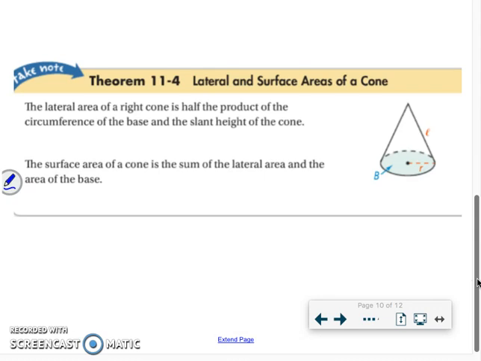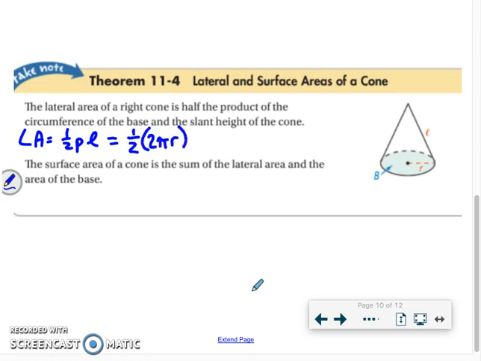So the lateral area, kind of like what we had just talked about with the pyramid, is 1/2 P times the slanted height, except now the perimeter is a circumference since we have a circle. So this time we have our 1/2 PL, but P is going to be the circumference, so it's either 2 pi r or pi times diameter.